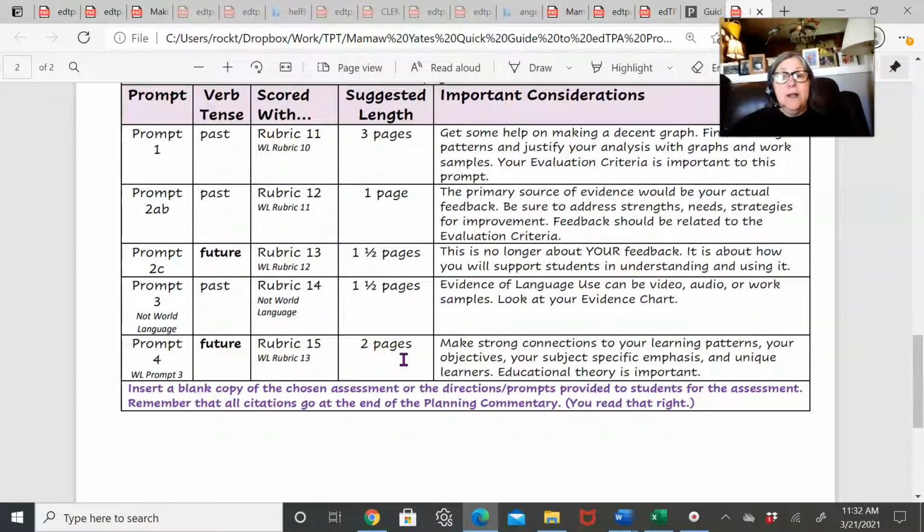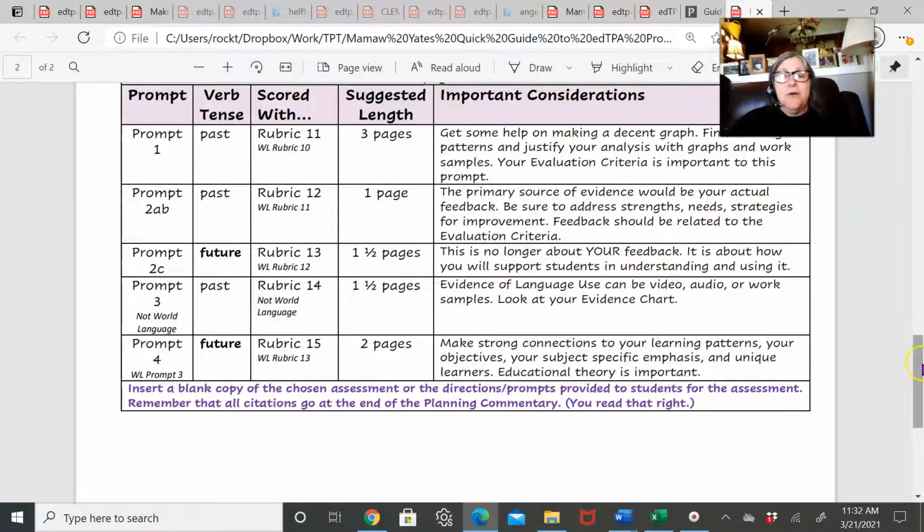And it's not reliant upon evidence of what you've done, but what you plan to do, because this is your next steps. It's very important to make strong, clear connections between your learning patterns and your objectives, your subject-specific emphasis, unique learners. Educational theory is very important here.